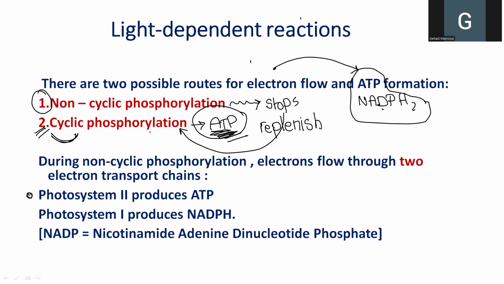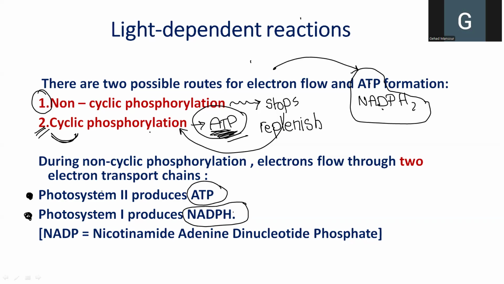First, the electrons will flow through photosystem 2 to produce ATP, and then through photosystem 1 to produce reduced NADP. And as we have said before, the N stands for nicotinamide, which is related to niacin, a vitamin B.